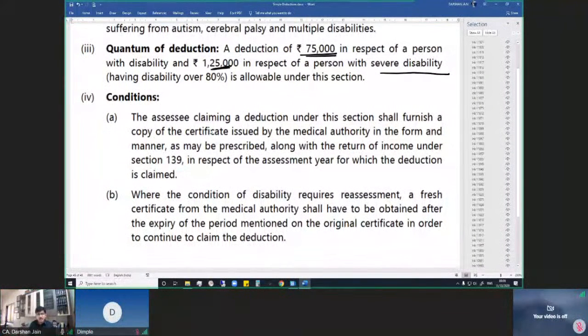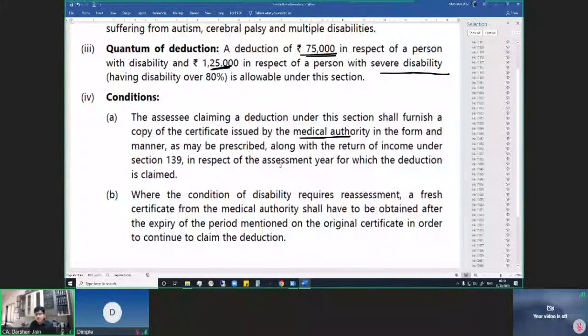Now the condition is that the assessee claiming a deduction under this section shall furnish a copy of the certificate issued by the medical authority. Now that income tax returns are to be filed through electronic mode and not manually, such a certificate cannot be produced along with the return.